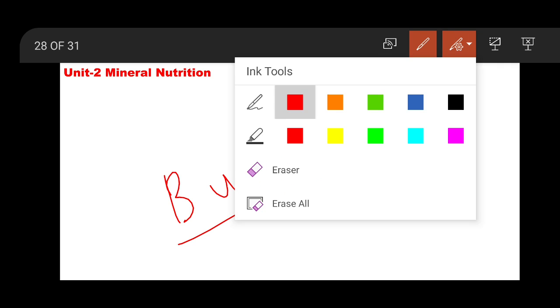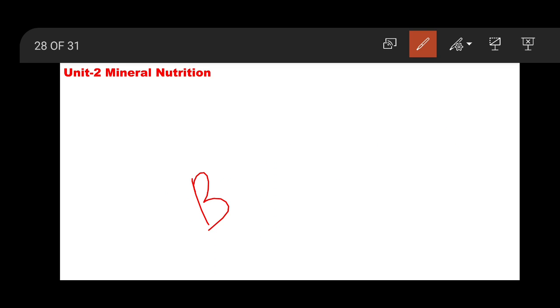So these are mineral elements, vitamins, minerals, required for normal body functioning. In plants also, there are various mineral elements required for normal physiology, normal life functioning.